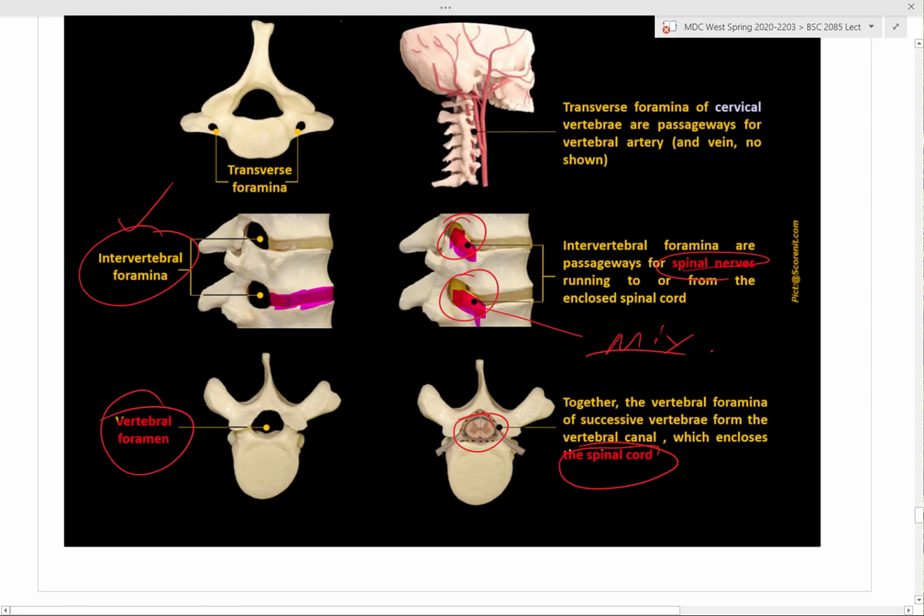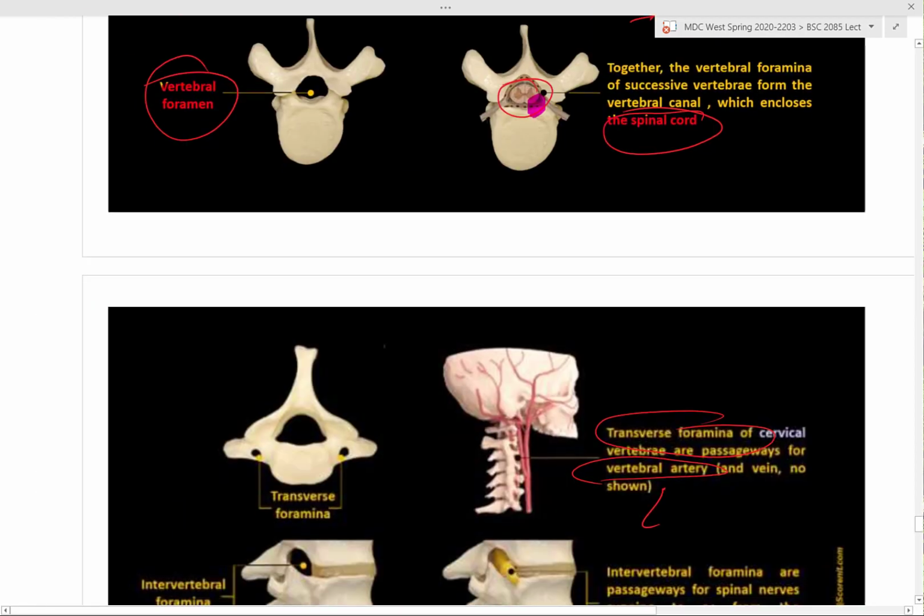If the disc opens up and compresses a portion of your spinal cord, is that going to be painful? Yeah, there are also nerves going through there. So that's when they refer to a herniated disc, a disc herniation.